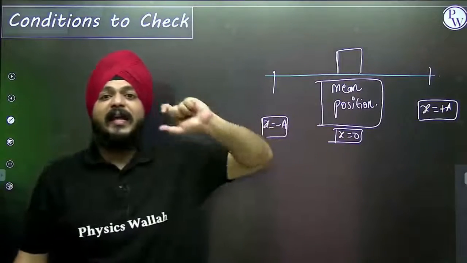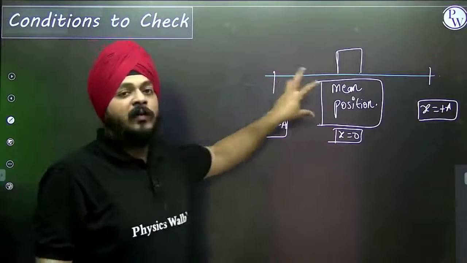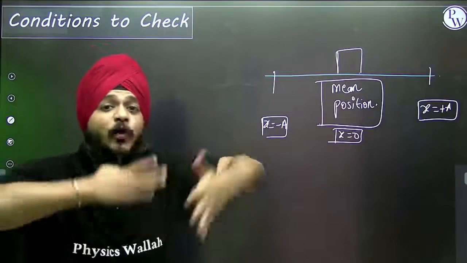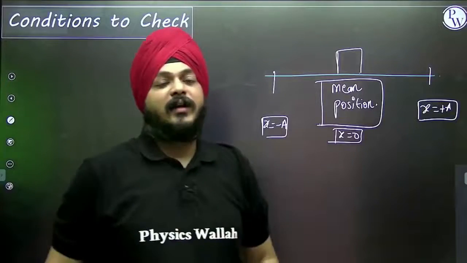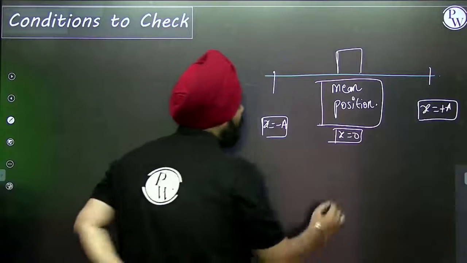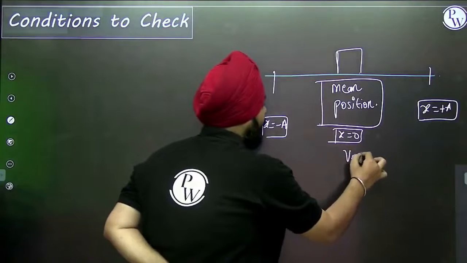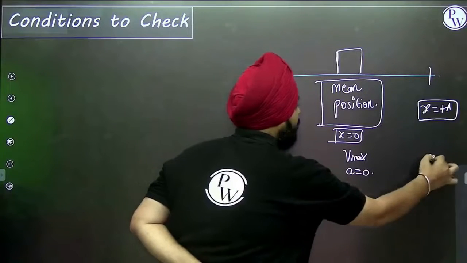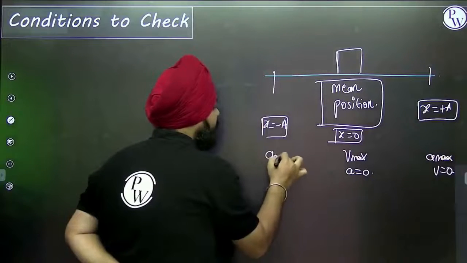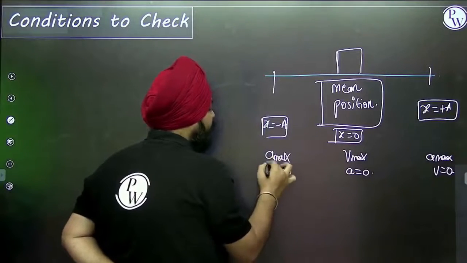It means if you want to represent this SHM, you need a function whose value is getting repeated at regular intervals of time. Velocity, here it is maximum, acceleration is 0. Here acceleration is maximum, velocity is 0. Again here acceleration is maximum and acting towards the center, velocity is 0.